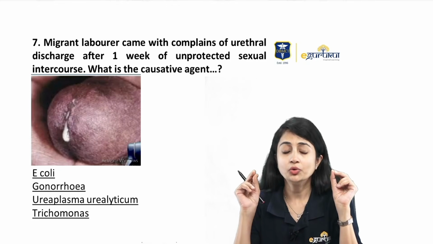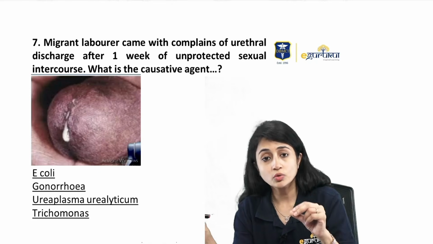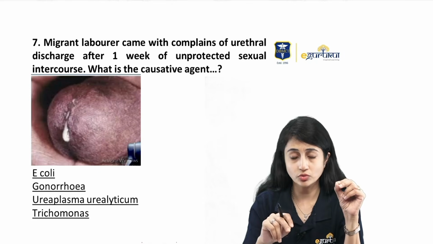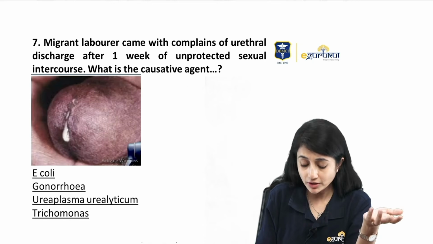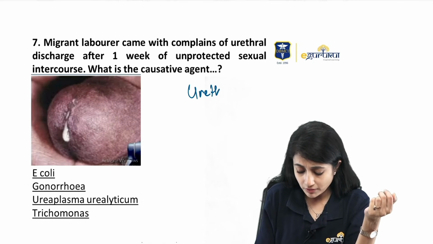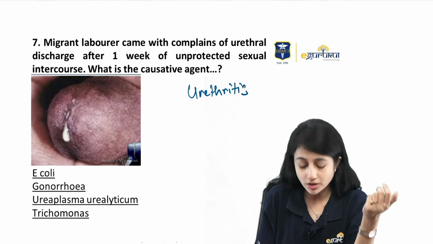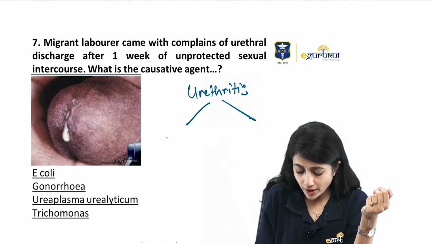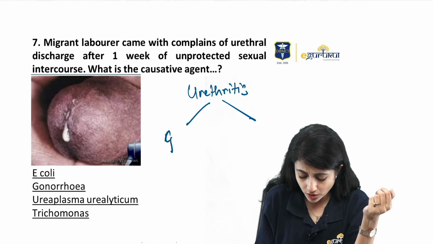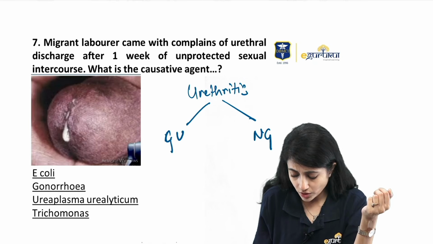Now here the only confusion could be whether it is a gonococcal urethritis or a non-gonococcal urethritis. So this is definitely a case of urethritis. They are giving you in the image also that there is a urethral discharge which is coming out. Now we have to identify whether it is gonococcal or non-gonococcal urethritis.